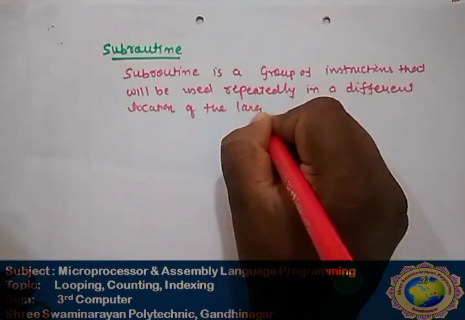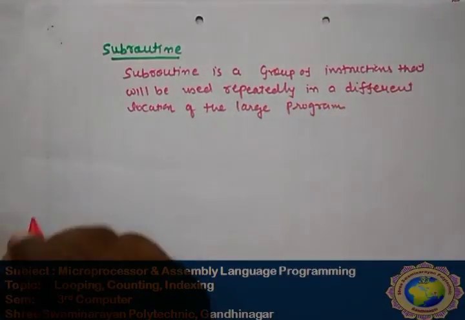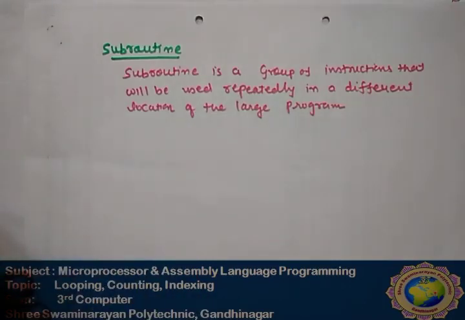That we have already studied. What is a subroutine? Subroutine is a small program that is used repeatedly in a different location of the large program.